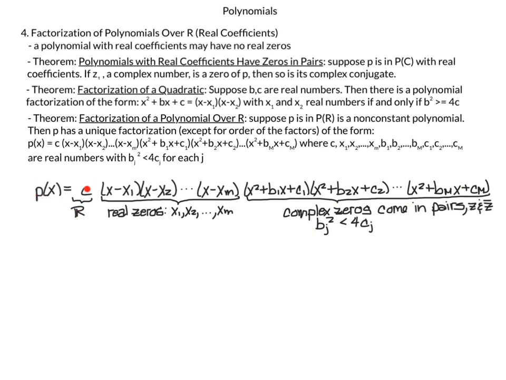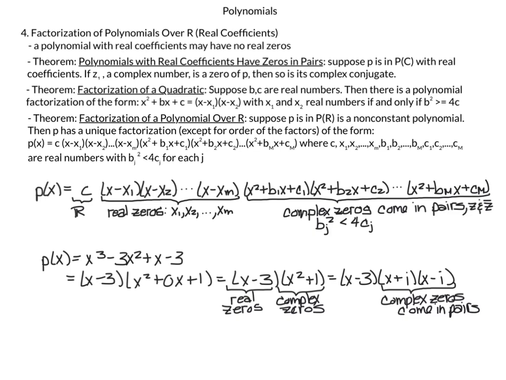C, which is a real number, a constant. Our factors here are all where we have real zeros, x1, x2 up to xm. These quadratic factors, x squared plus b1x plus c1, all of these are complex zeros that come in pairs, z and z bar, because in these factors, b squared is less than 4c.